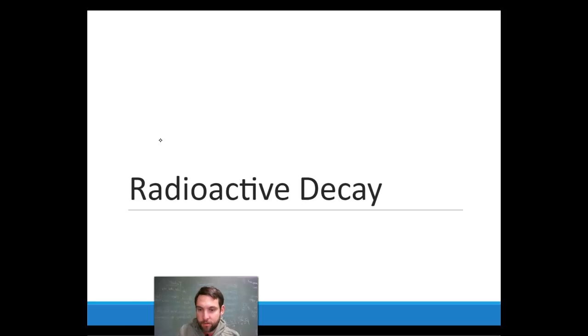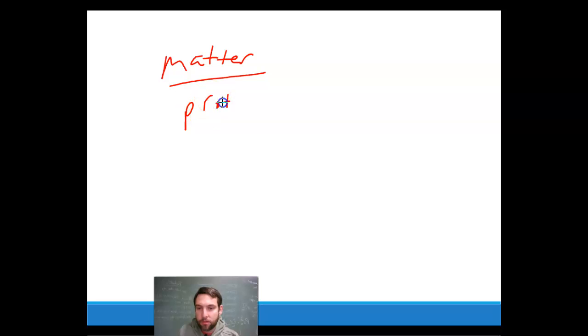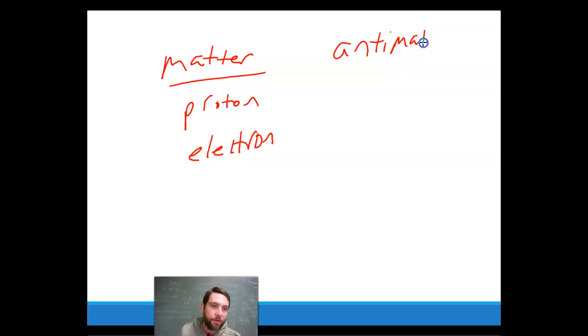Okay. Particle physics primer. We have matter, and we have something other than matter. So an example of matter would be a proton or an electron. These are both matter. They're classified as matter. We have something else called antimatter.